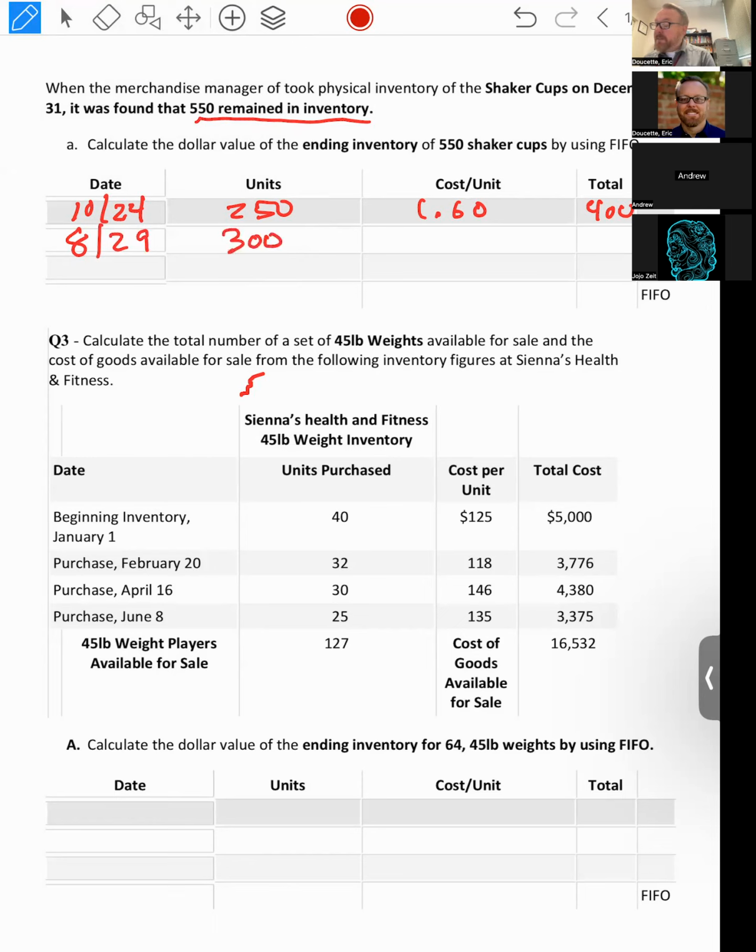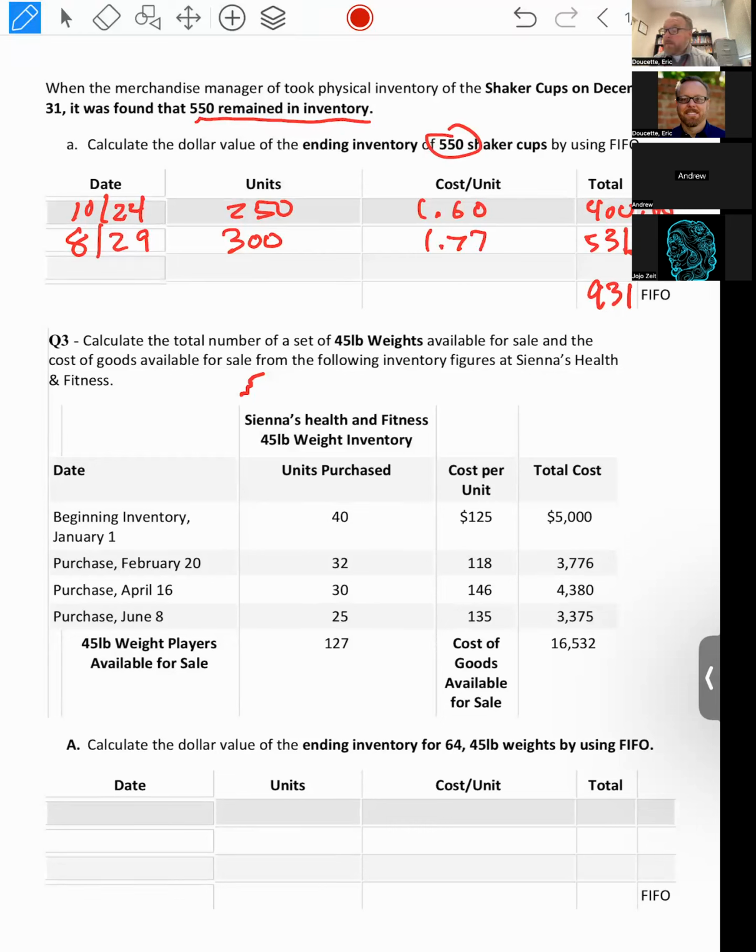So that puts me at 550, right? At a rate of 1.77, and that came out to $531.00. And that's it. Those are my 550 that I have left in the inventory, and that comes out to a total of $931.